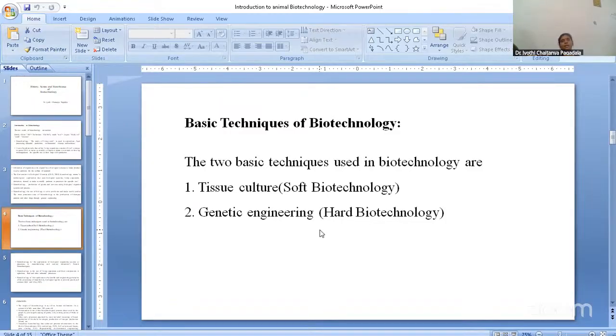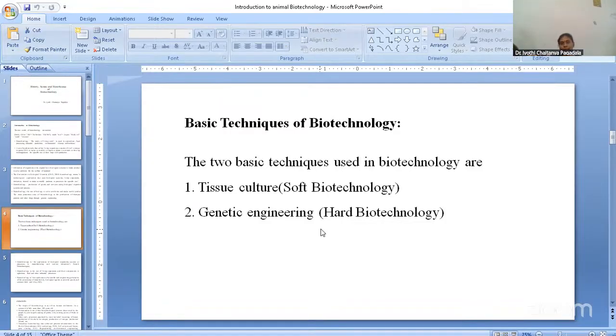Though this is enabled to cure many genetic disorders or treat them over time, there are biotechnological basic principles of genetic engineering in animal systems, that are vectors.